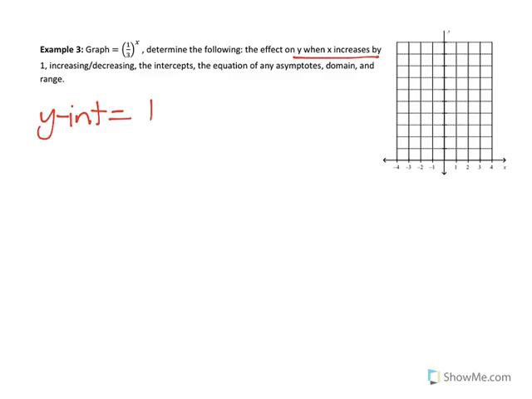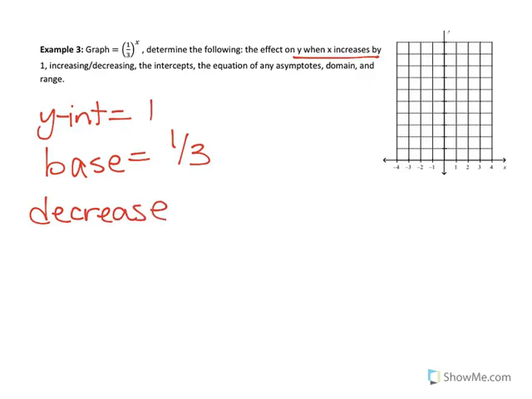The way that y and x are affected is by that ratio. The base is 1/3, which means that it is decreasing because it is between 0 and 1, which means it's going to go from quadrant 2 to quadrant 1 and then decrease.